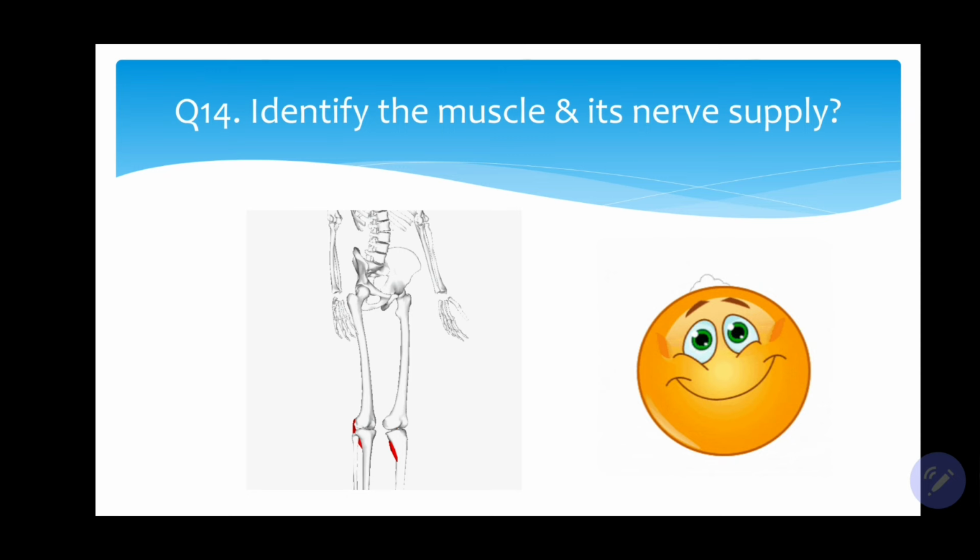So in this action, Popliteus is actually medially rotating the tibia when the foot is off the ground. When the foot is on the ground, it laterally rotates femur over the tibia. Clear? Now a lot has been covered, and of course it also helps in flexion of the knee as well. Okay, so this is done.